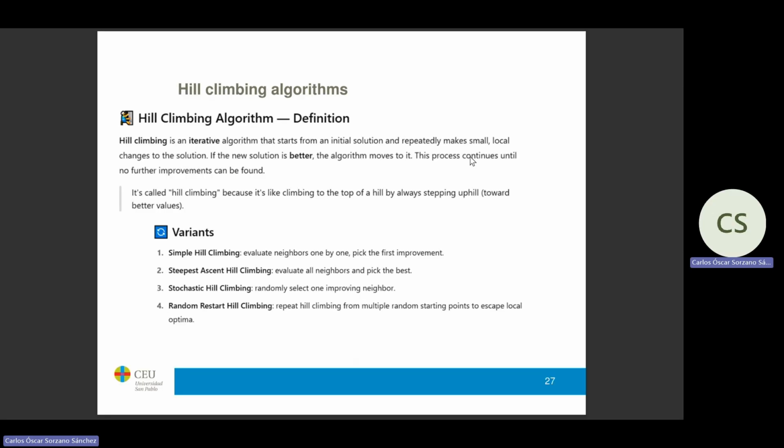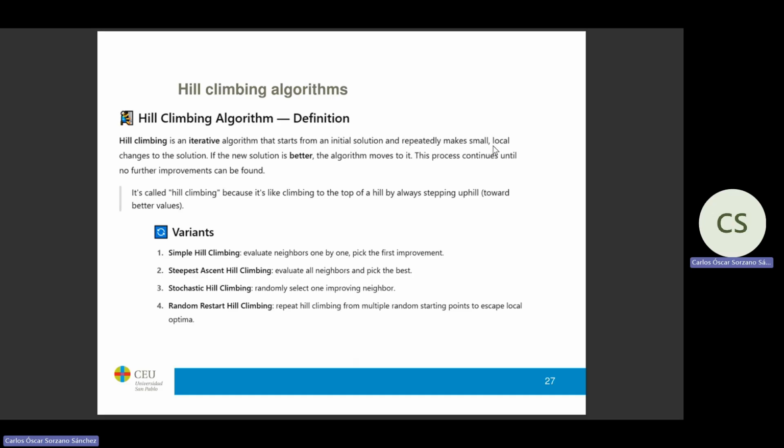Okay, then a different kind of algorithms. We are seeing different families to solve these discrete models. So, hill climbing algorithms. It is again an iterative algorithm that starts with an initial solution, and then you make small changes to the solution.